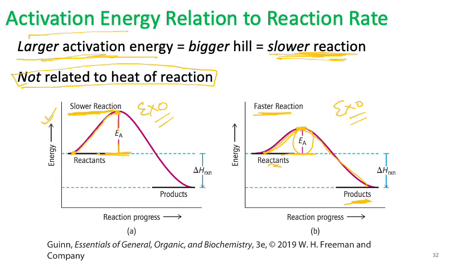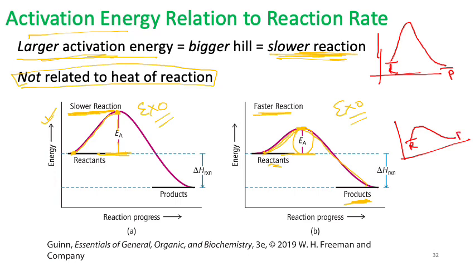Let's take one more example. If I have a graph, this is your reactant, and this is your product. And the second reaction is, again, your reactant, and this is your product.